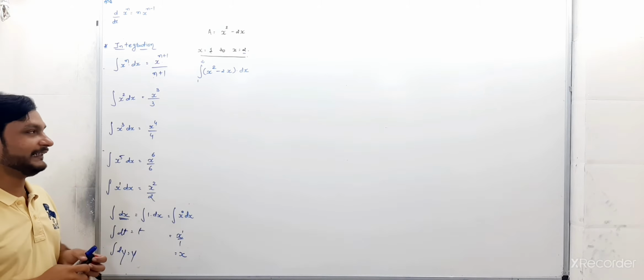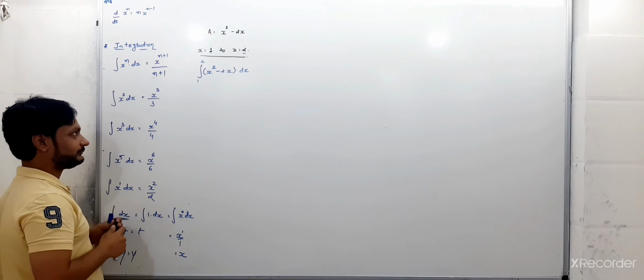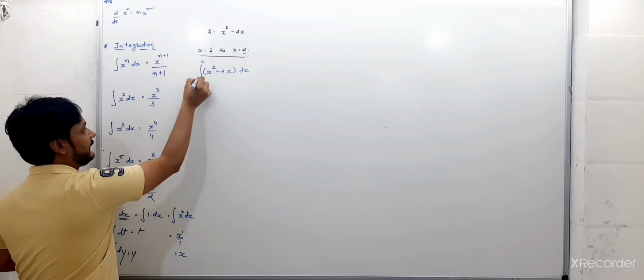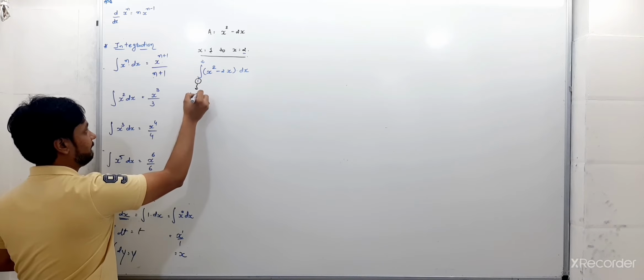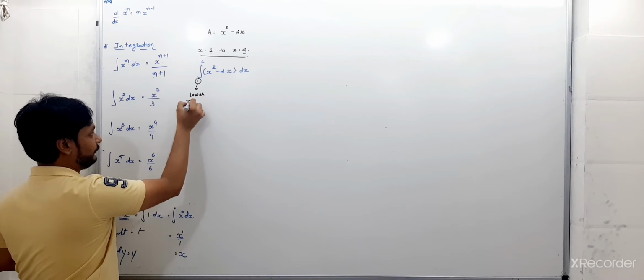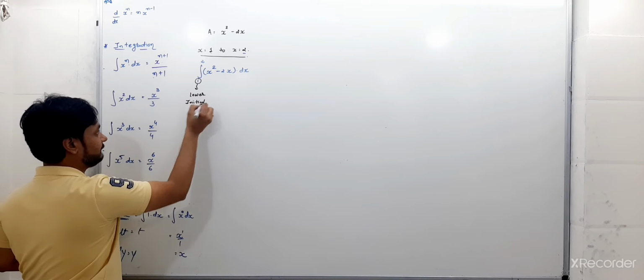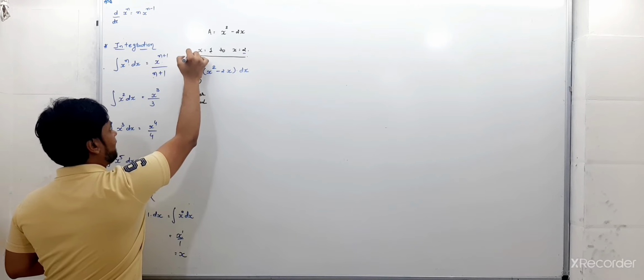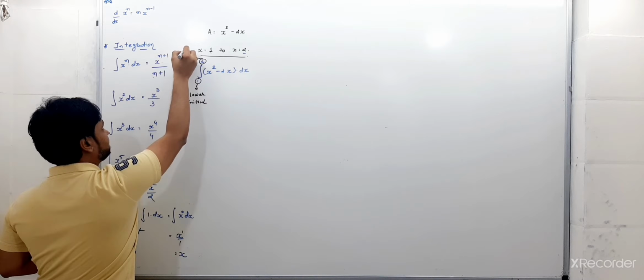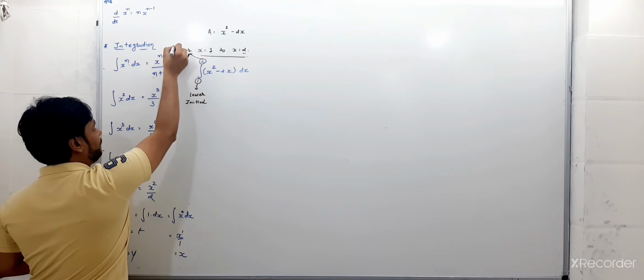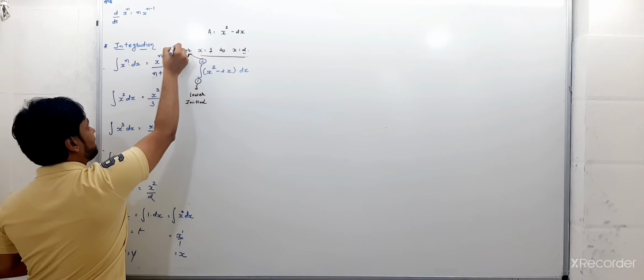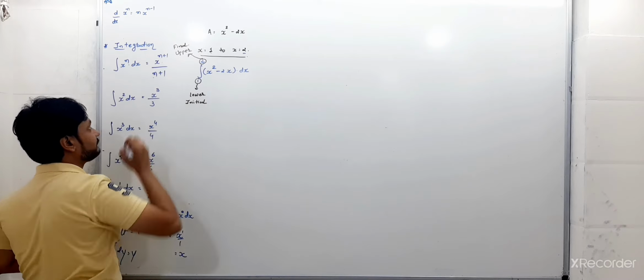This lower side shows the initial condition and the upper side shows the ending, that means the final position.